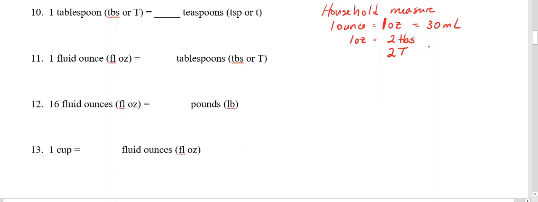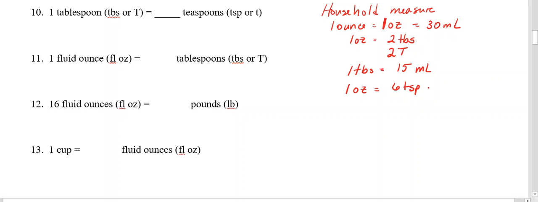TBS, there's no doubt about it. 1 tablespoon equals 15 milliliters. 1 ounce equals 6 teaspoons.